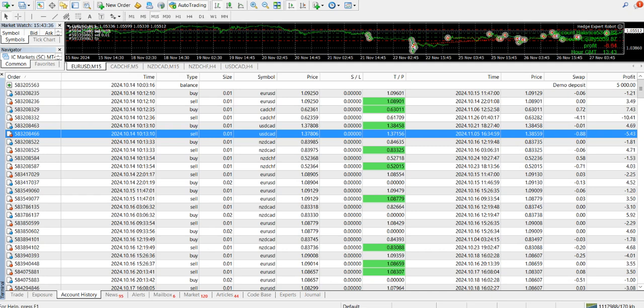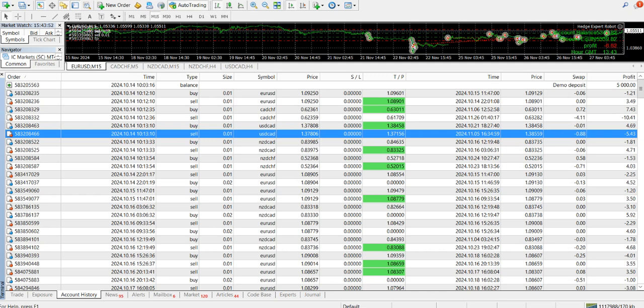It works very aggressively, but with the presets, this is a conservative kind of setting. So it will not be very aggressive, less profitable, but comparatively less risky as well.